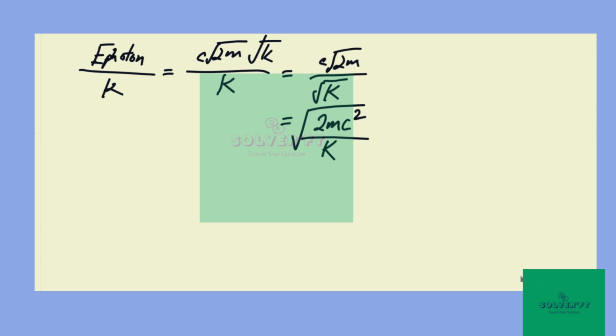Now, given that our kinetic energy is not very large, such that the electron speeds are much slower than the speed of light, we're given that v is much smaller than c.